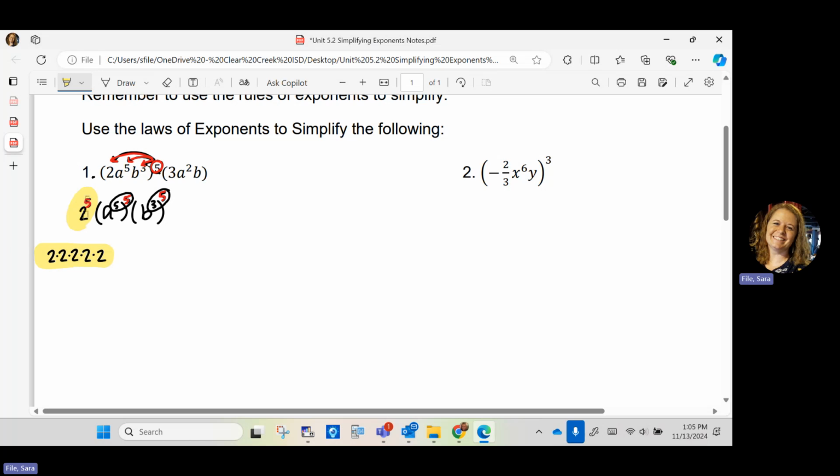So we need to calculate that. What is 2 times 2? And then times 2 again. So you said 2 times 2 is 4, and then what's 4 times 2? And then what's 8 times 2? And then what's 16 times 2?